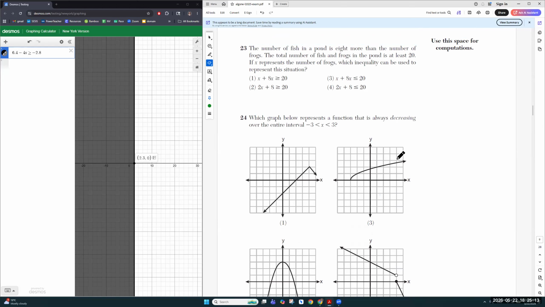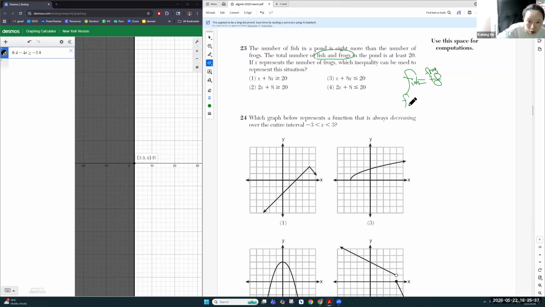Let's take a look. The fish is 8 more than the frog. So let's write it down. Fish is 8 more than the frog. I'm going to write down the whole word because they both start with F. So fish is equal to frog plus 8. Is that the total number of fish and frog together?